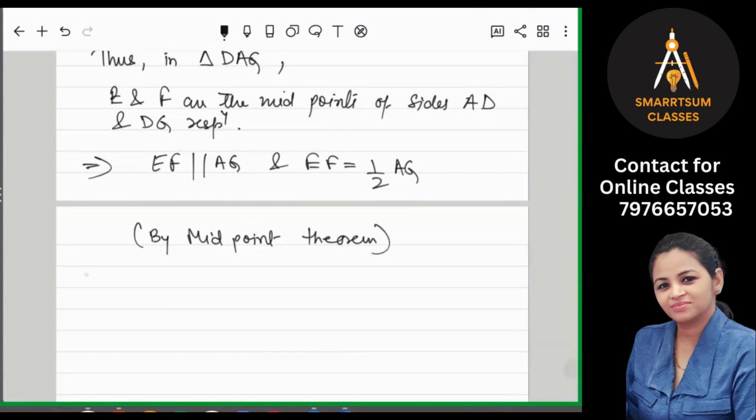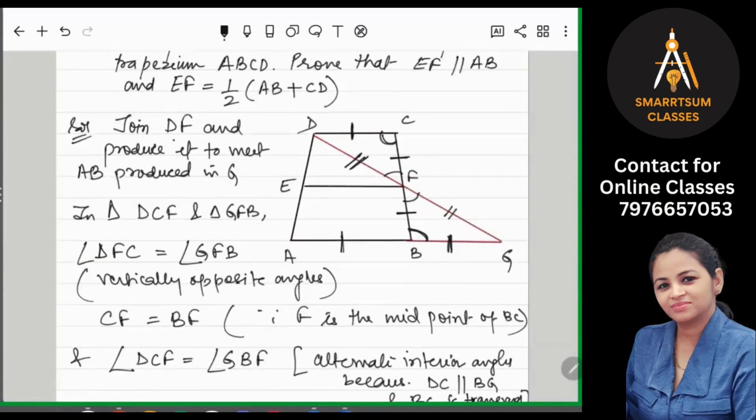Now, EF is parallel to AB, yes or no? EF is parallel to AB also. And EF is equal to half of AB plus BG, because AG is equal to AB plus BG.